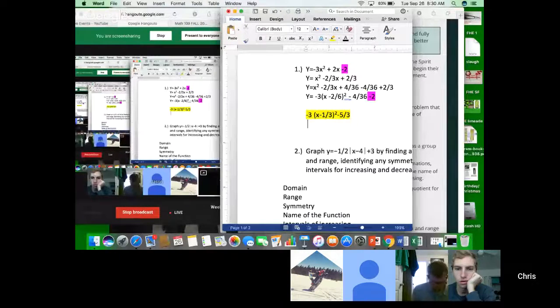Because what you have to do is when you pull the -4/36 out of the parentheses, you have to multiply it by -3 before you can pull it out.